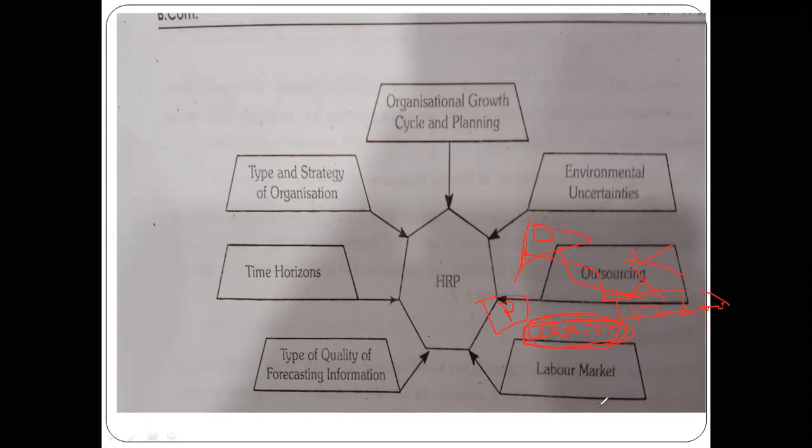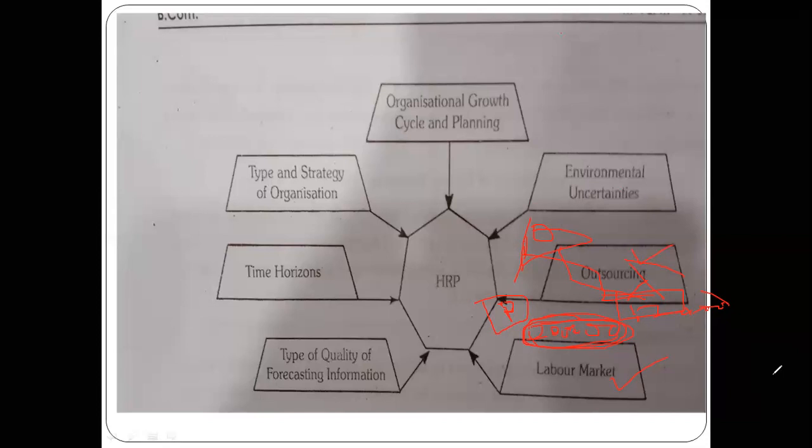Now, labor market situation. Next important factor. The labor market comprises people with the skills and abilities that can be tapped as and when the need arises. Thanks to the mushrooming of educational, professional, and technical institutions, adequately trained human resource is always available in the market. Nevertheless, shortages do occur.